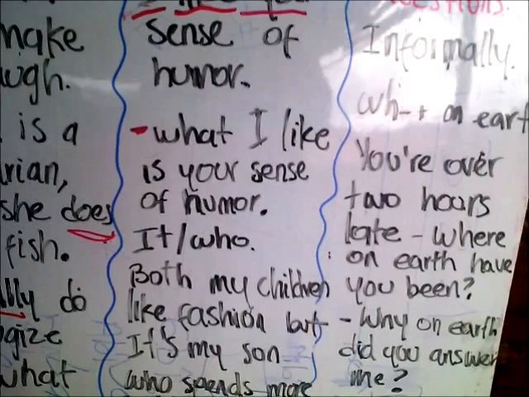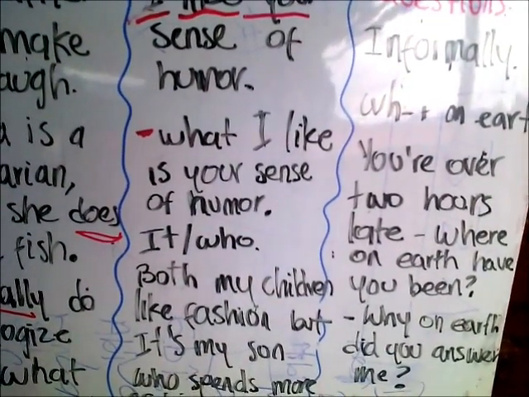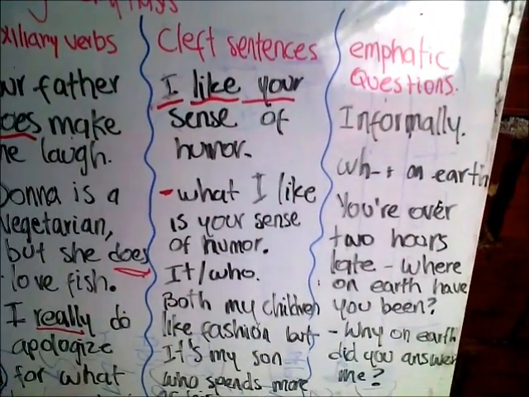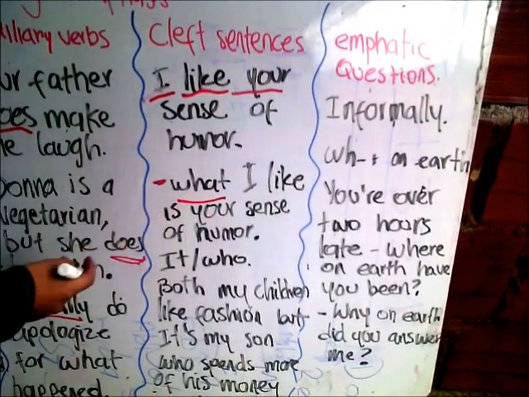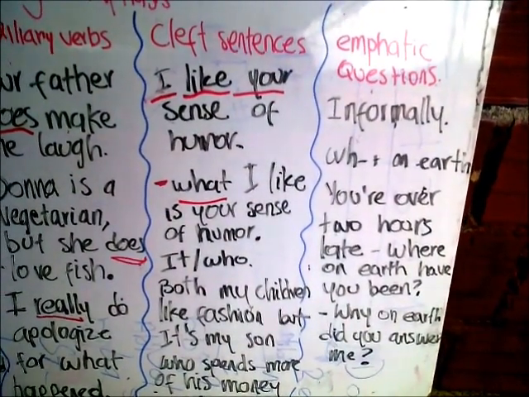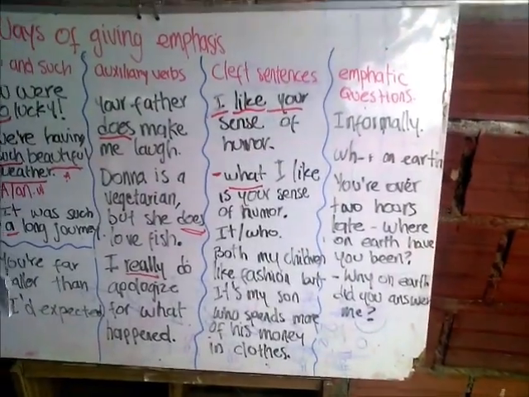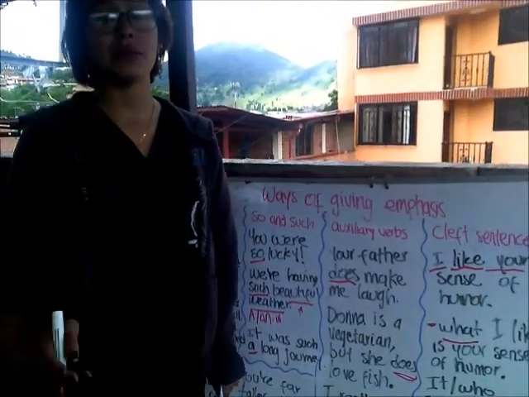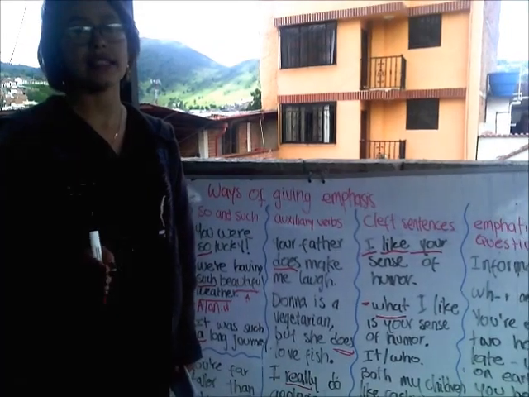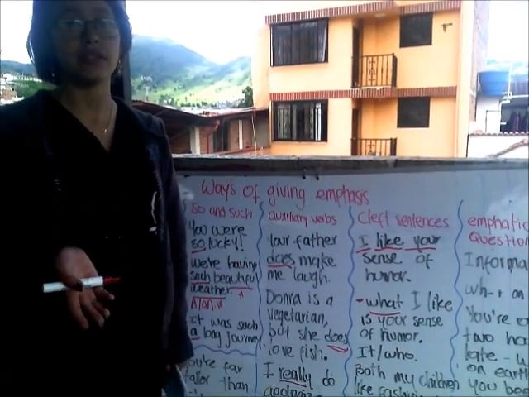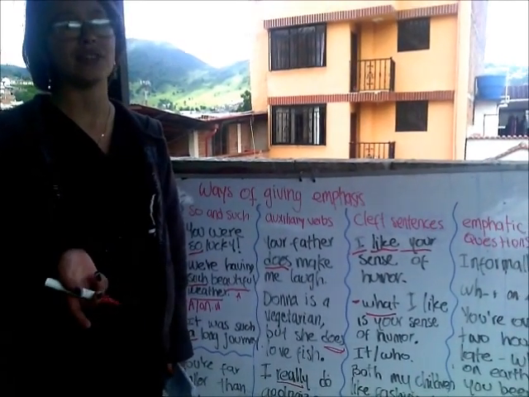What I like most of you. We have to use what to specify what I like, what I really like. Well, when we want to use a cleft sentence, the cleft sentence changes the order of the phrase, but it doesn't change the sense.